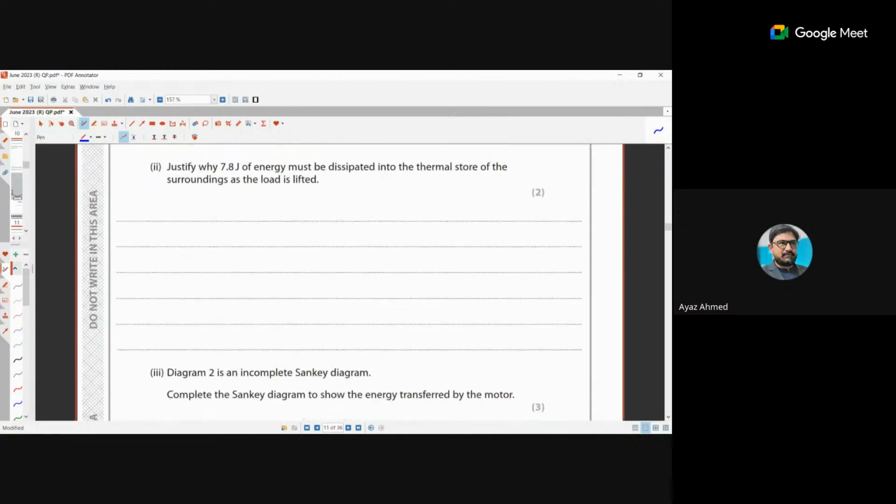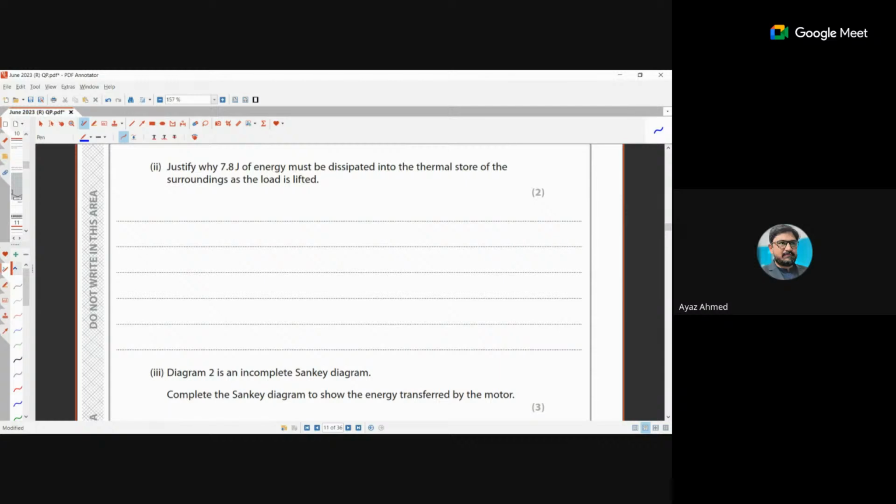Now justify why 7.8 joules of the energy must be dissipated into the thermal store of the surroundings as the load is lifted. Oh, very good. When the motor is lifting it up, the motor is providing it the gravitational potential energy as well as the kinetic energy.